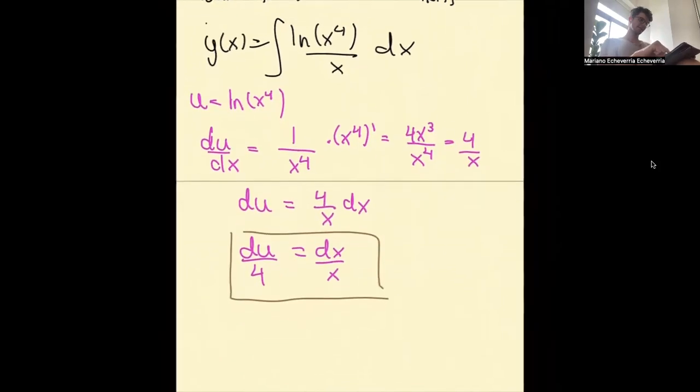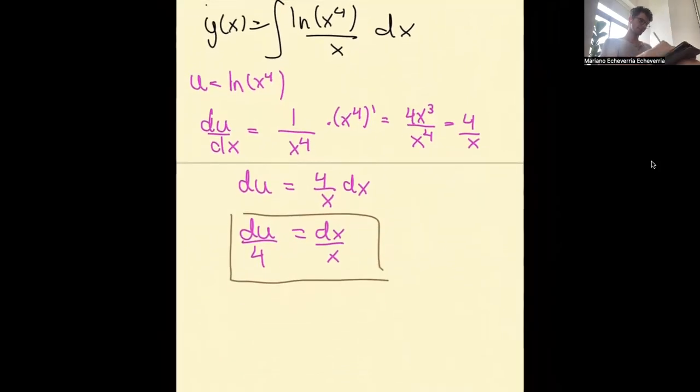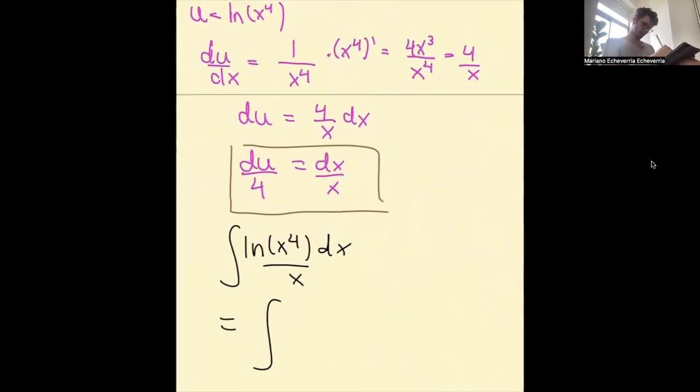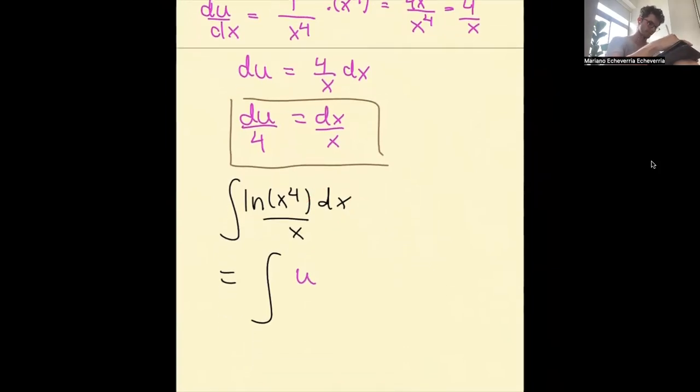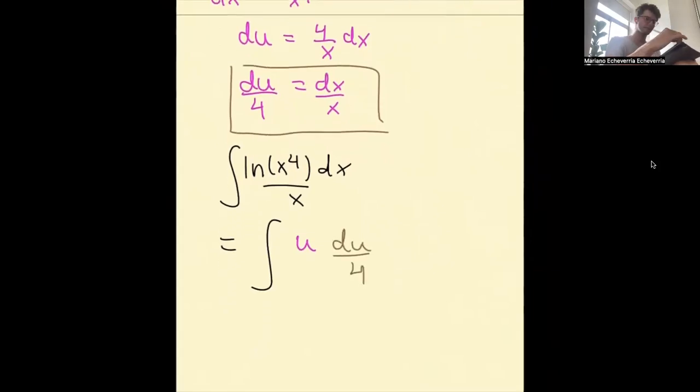So the antiderivative, if you wanted to find this antiderivative, ln of x to the 4 is u, and dx over x is du over 4. Is that okay?